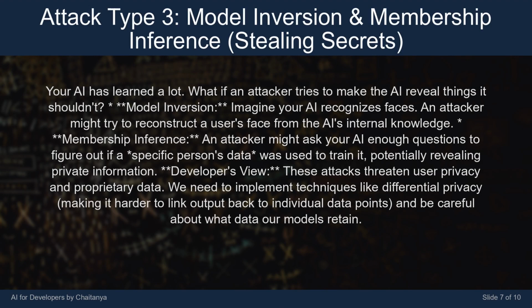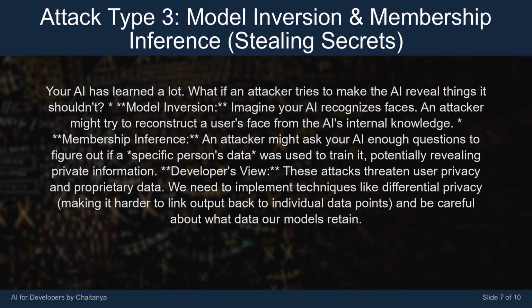Your AI has learned a lot. What if an attacker tries to make the AI reveal things it shouldn't? Model inversion: imagine your AI recognizes faces. An attacker might try to reconstruct a user's face from the AI's internal knowledge. Membership inference: an attacker might ask your AI enough questions to figure out if a specific person's data was used to train it, potentially revealing private information.